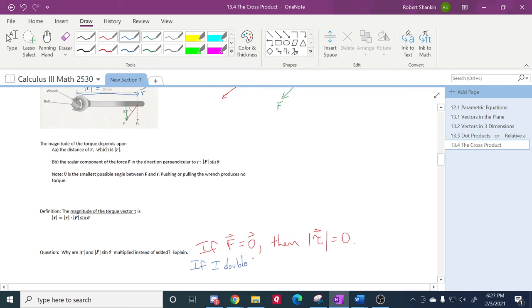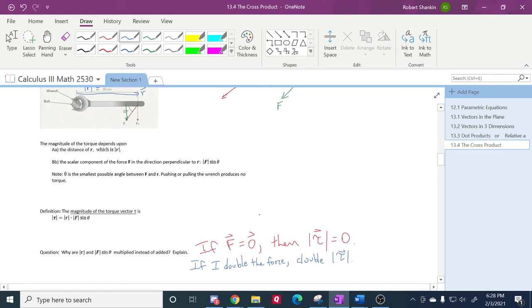If I double the force, so I push with twice as much energy, I should double the magnitude of tau. Or if I double the length of the wrench, I should double the magnitude.